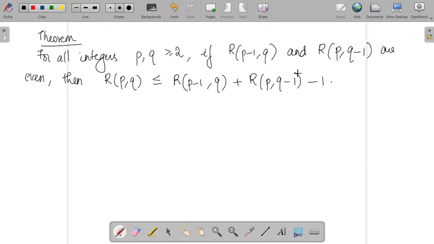Now here, provided these two are even, we need to show that R of P, Q is less than or equal to R of P minus 1, Q plus R of P, Q minus 1, minus 1. So we will use the ideas of the previous theorem also. We have used the pigeonhole principle in the previous theorem, and we will use it here. Okay. So let us see the proof.